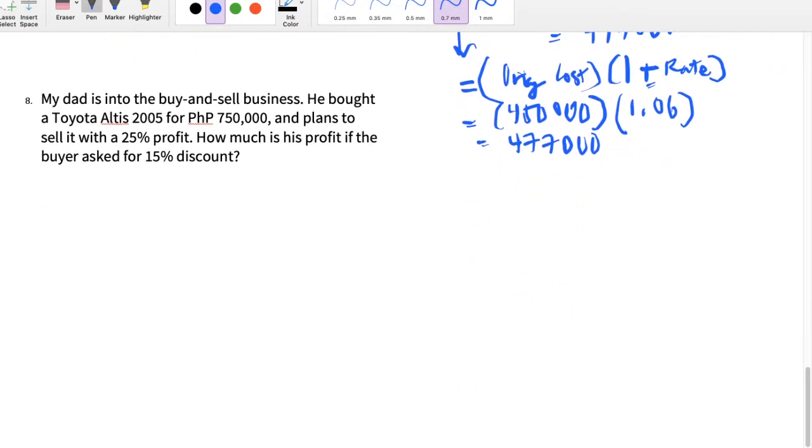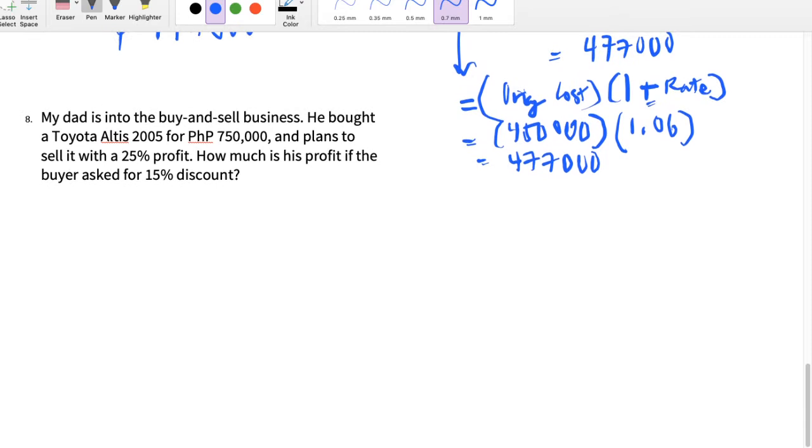Okay. Last one. My dad is into the buy and sell business. He bought a Toyota Altis 2005 for 750,000 and plans to sell it at 25% profit. How much is his profit if the buyer asked for 15% discount? So, una, identify muna natin yung selling price niya bago natin kunin yung discounted or sale price. Okay, so the selling price here, gamitin natin yung shortcut na method.